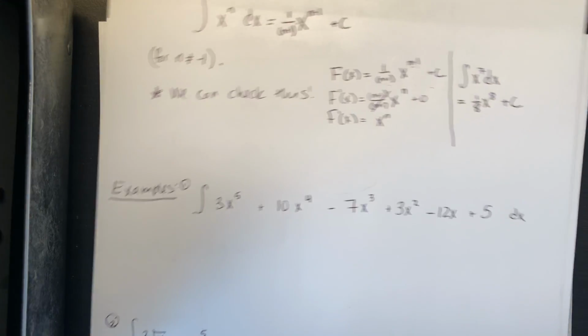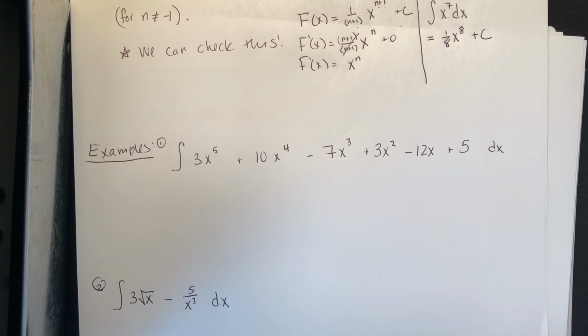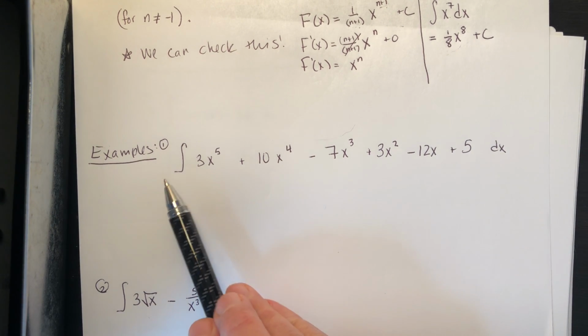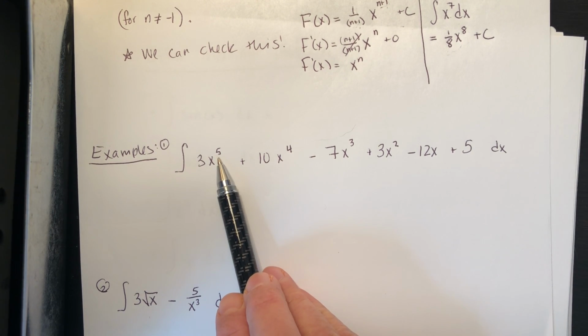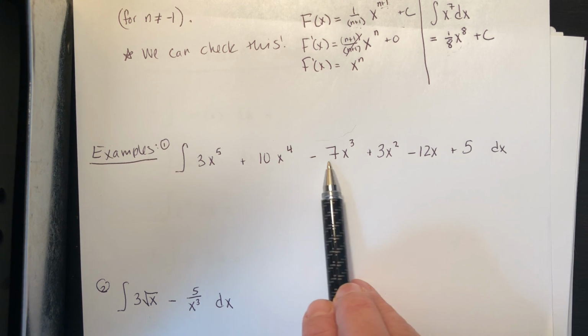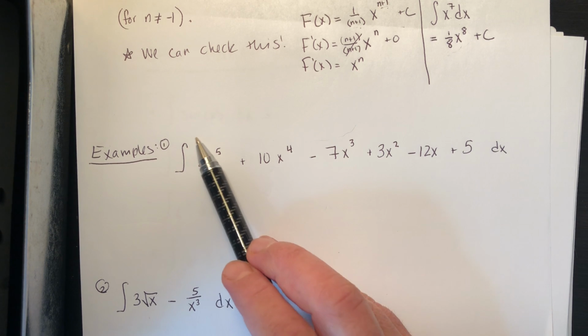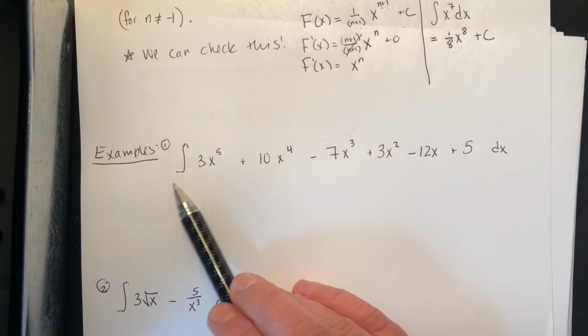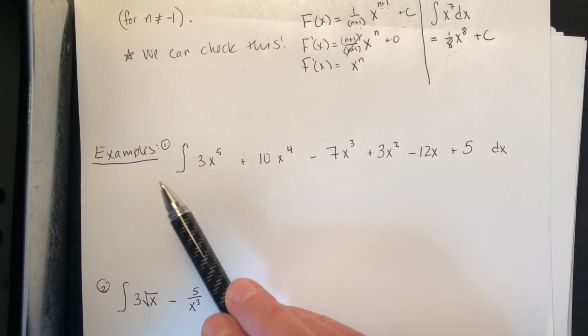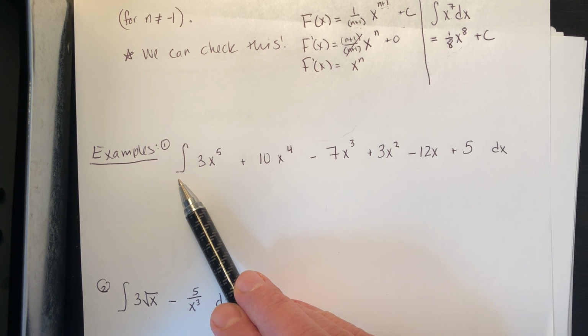I'm going to give you a really big polynomial here and ask you to find the antiderivative. So we start with this original function, 3x to the 5th plus 10x to the 4th, and so on, this whole thing. And we want to take the antiderivative of it. This symbol out in front says take the antiderivative, also called an indefinite integral.